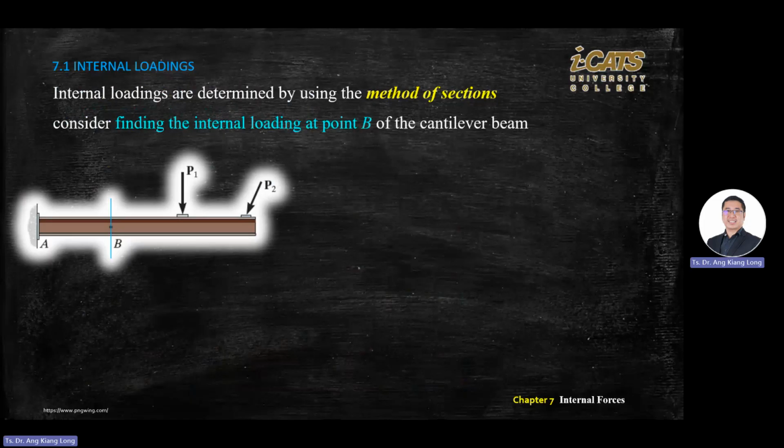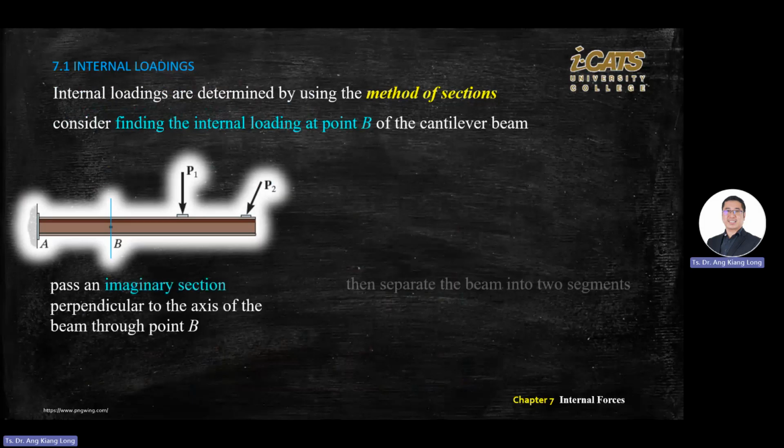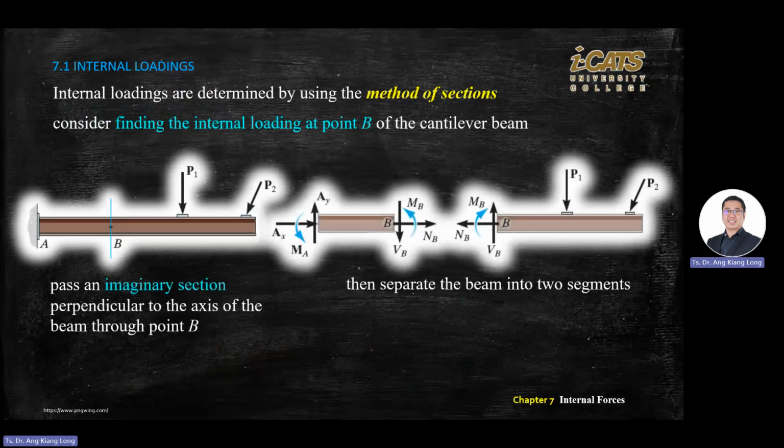Now, we look into internal forces at B. What happens at B? We are going to cut at B. Of course, I should do it very slowly, but I try to explain. Before you cut, you should find the external forces first.